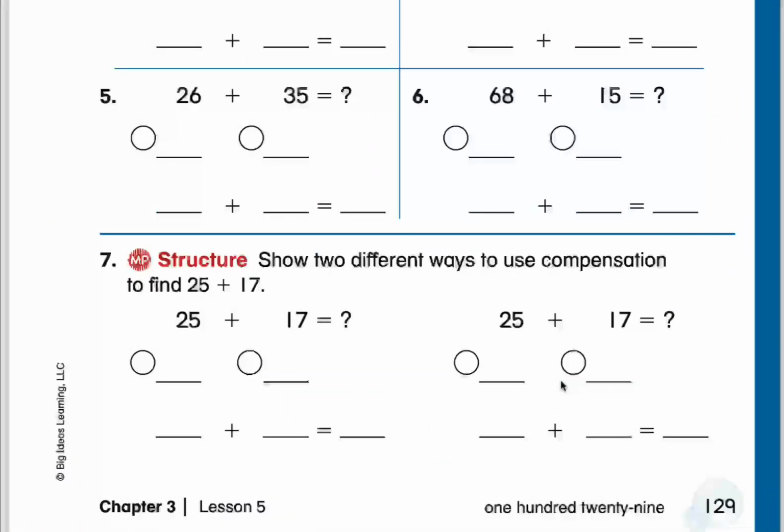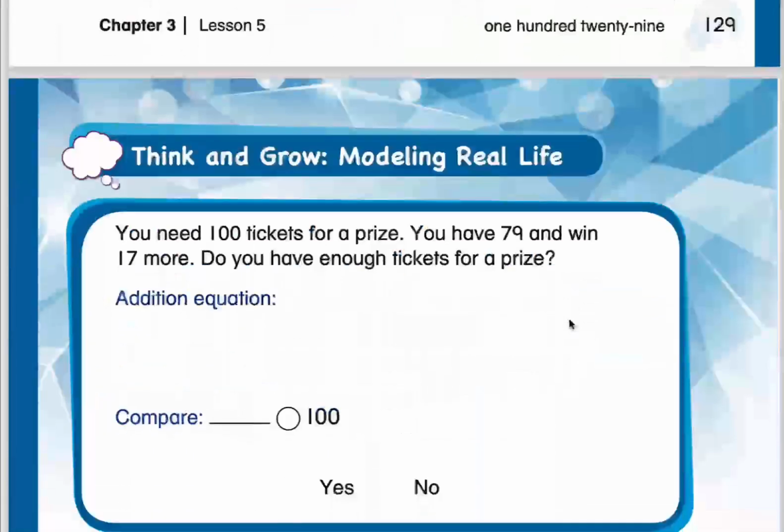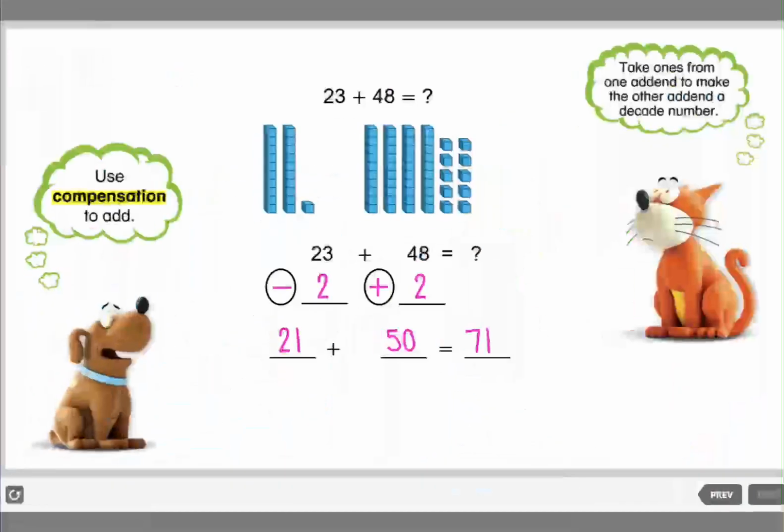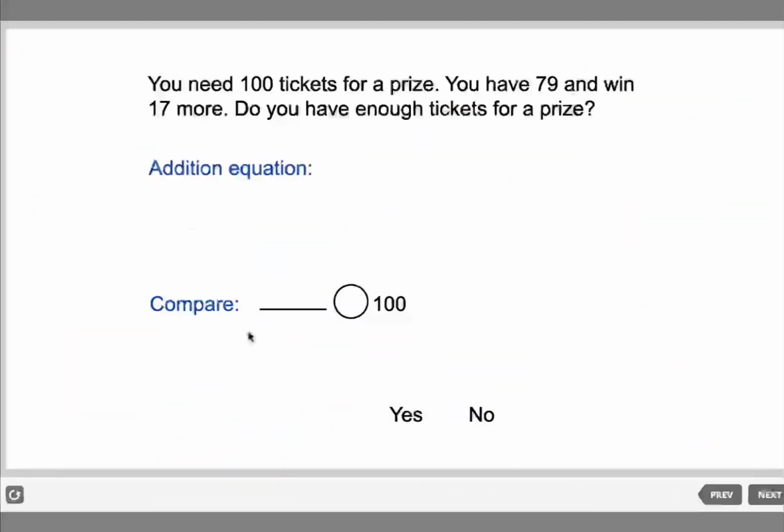Okay, now my heroes, move to the next page. And we have this question. Let's see the question. You need 100 tickets for a prize. You have 79 and you win 17 more.